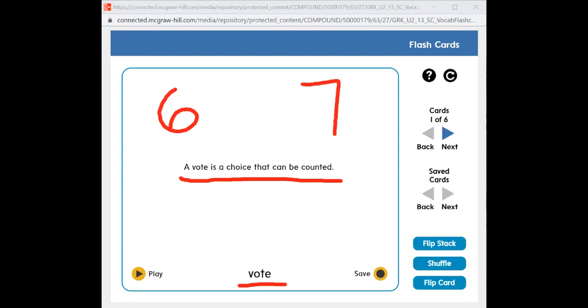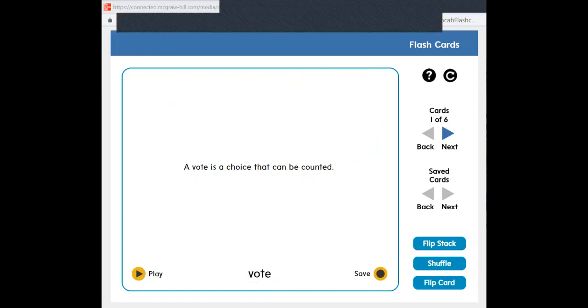And when we take a vote, we know that 6 wanted chocolate and 7 wanted vanilla. So guess what? We would get vanilla cake because we counted all the votes. Okay, so a vote is a choice that can be counted. Let's go to our next word here.